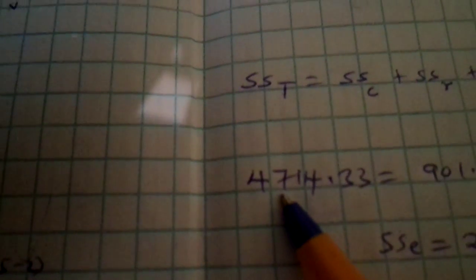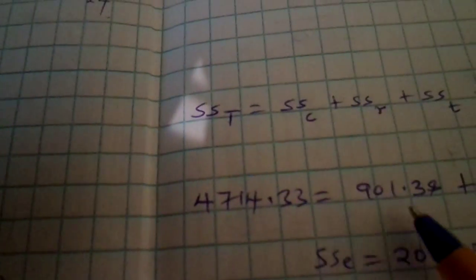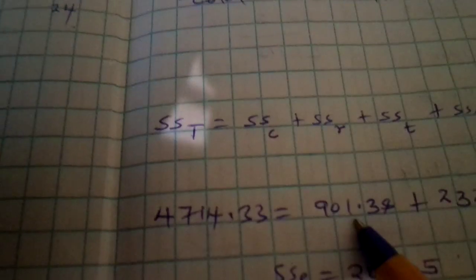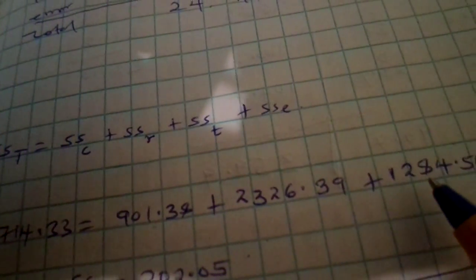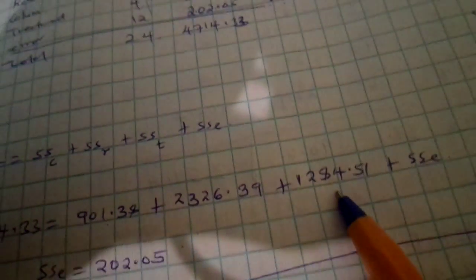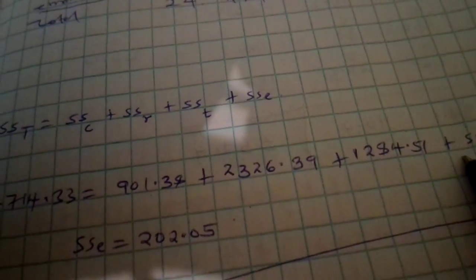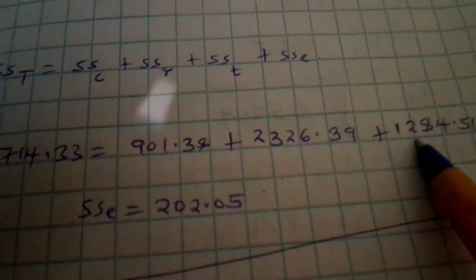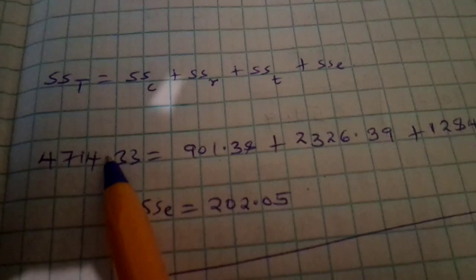We already have the total sum of squares, and having the column, row and treatment sums of squares, the error is the one you don't have. So this is very simple mathematics. You subtract from the total and you get the error.